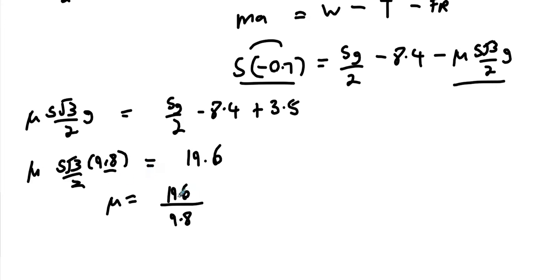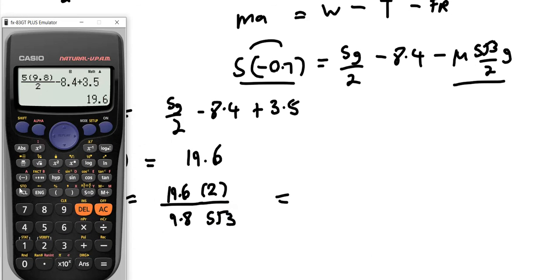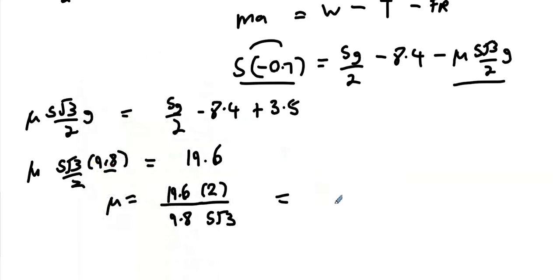This 9.8 goes underneath, the 2 goes above it, and the 5 root 3 goes below it. And what we're going to get here is 19.6 multiplied by 2, divided by 9.8 times 5 root 3. And we get 4 root 3 over 15.